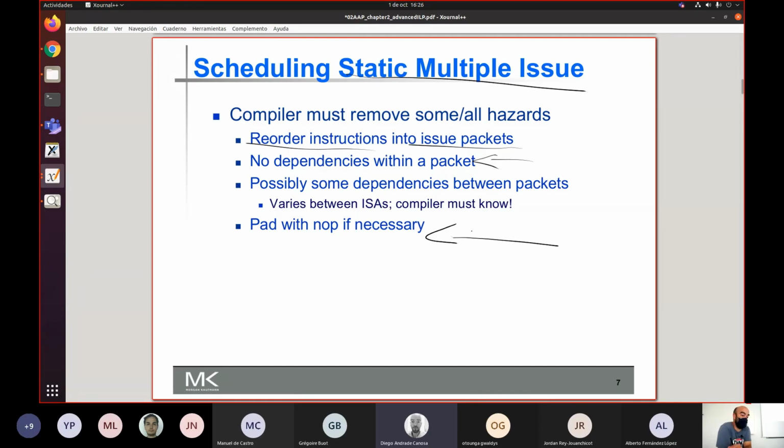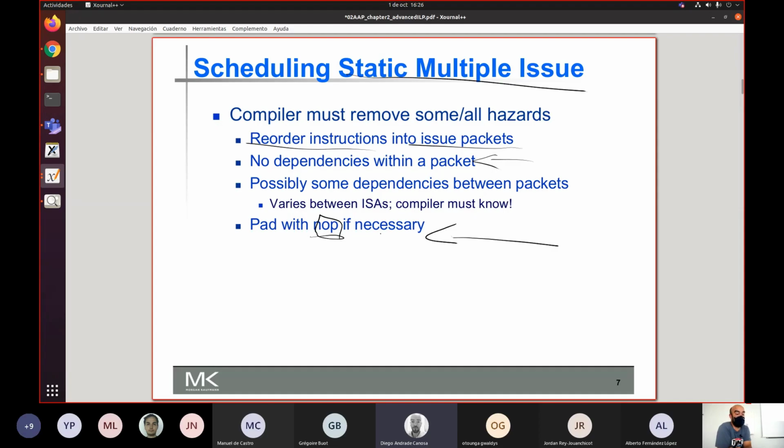In that case, you are going to complete the packet with no operations, okay, with instructions that basically do nothing. This is an underutilization of the resources, but this is perfectly fine, okay, and it's actually happening all the time in this kind of computer.